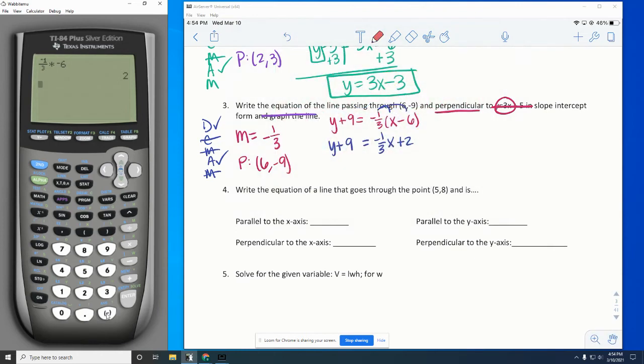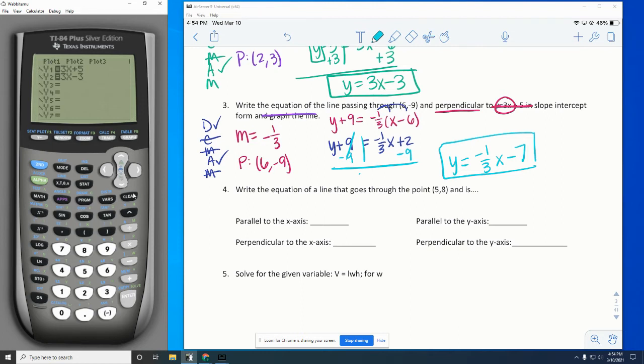And then I will need to move my 9 to the other side. And so we end up with negative 1/3 x, and then 2 minus 9 is negative 7. Again, if we wanted to check, I originally started with 3x plus 5.